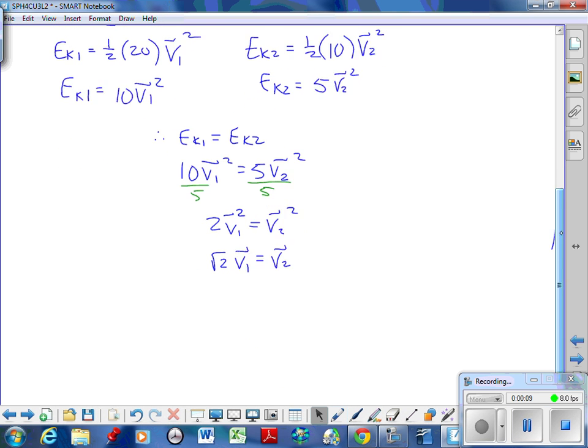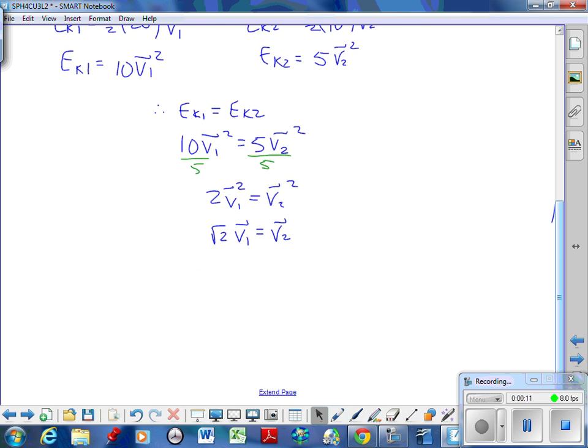So it shows that you can compare your kinetic energy velocity equations, but we know that V1 in this case was the adult stone. All right, so that's how fast the adult stone was. This was the children's.